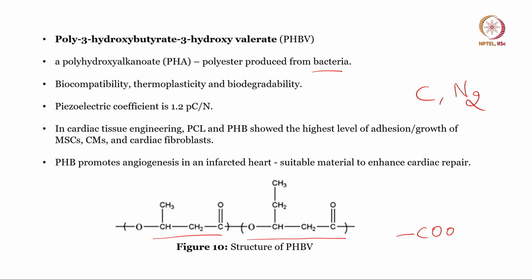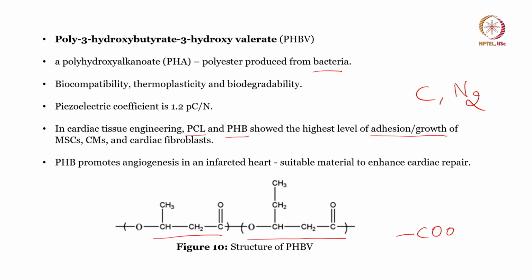Apart from that, this PHBV has found application in cardiac tissue engineering, wherein the PHBV is used in combination with polycaprolactone, PCL. When the composite of PCL with PHBV is applied in cardiac tissue engineering, it has shown improvement in adhesion and growth of myocardial cells as well as cardiac fibroblasts.